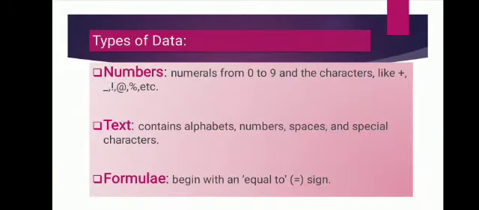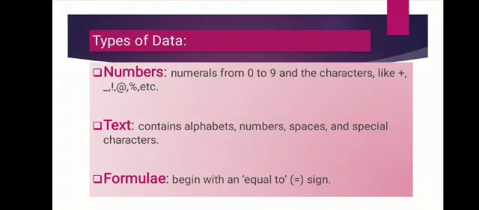Three types of data can be entered in a Microsoft Excel worksheet, that is numbers, text and formulae. Numbers. We all know about it, numbers. Numbers are the values that consist of numerals from 0 to 9 and the characters like addition, subtraction, exclamation mark, at the rate, percentage and exponent, etc. These all are included in numeric data.